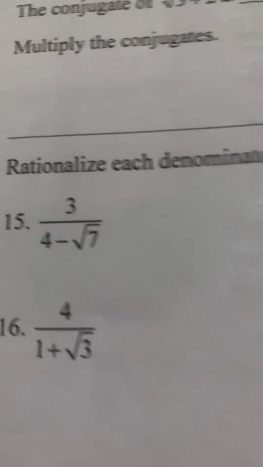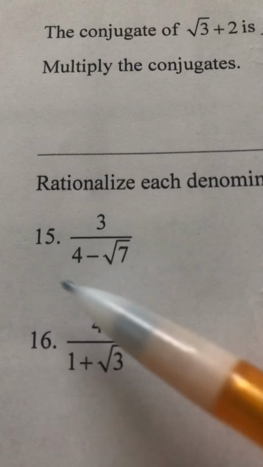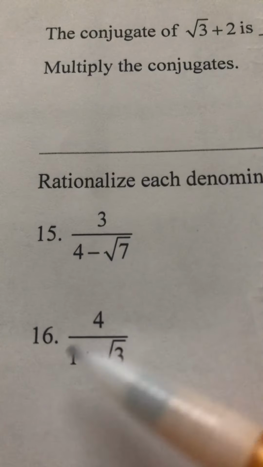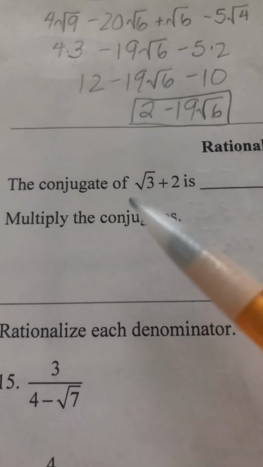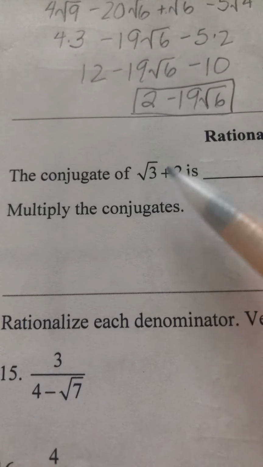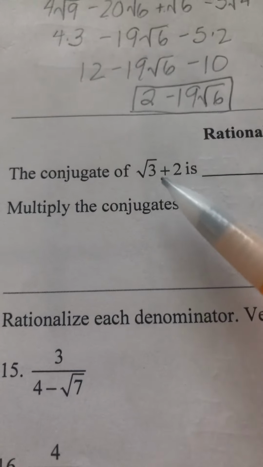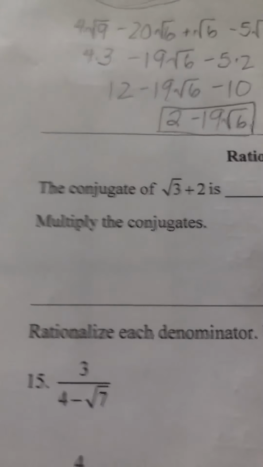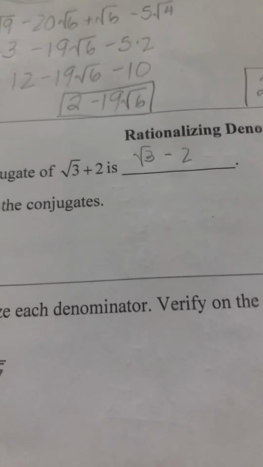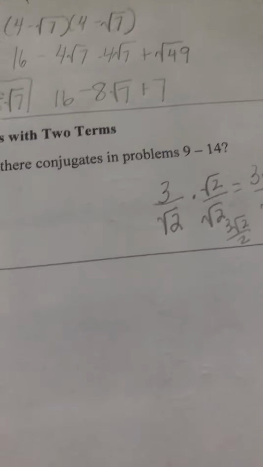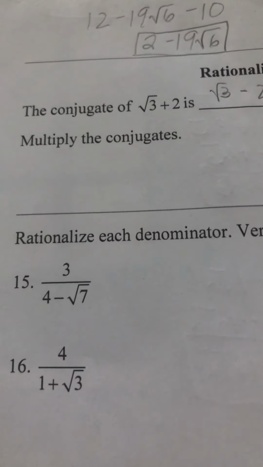So when you're rationalizing and it has more than one term in the denominator, you use what's called the conjugate. And the conjugate is you just change the sign between the 2 terms. So the conjugate of this thing is root 3 minus 2. So this is asking, are there any conjugates in problems 9 through 14?